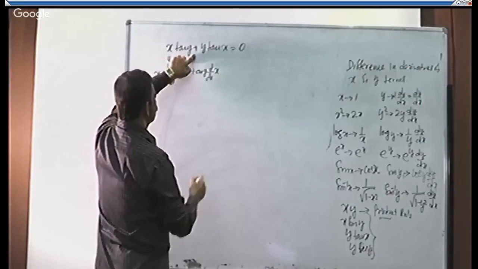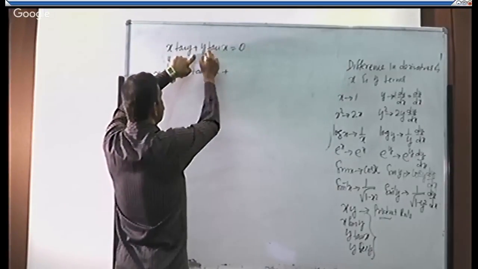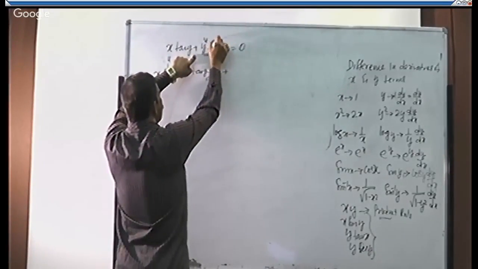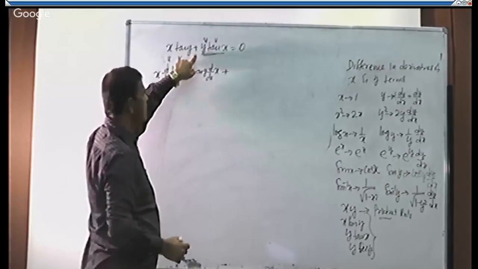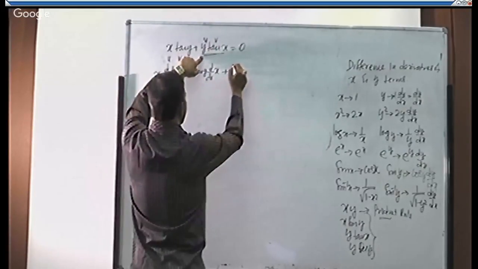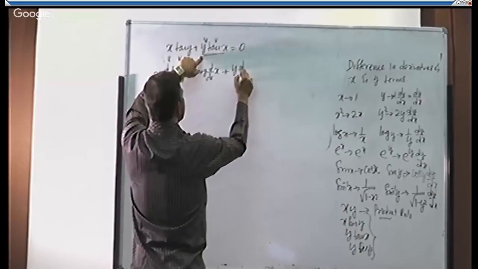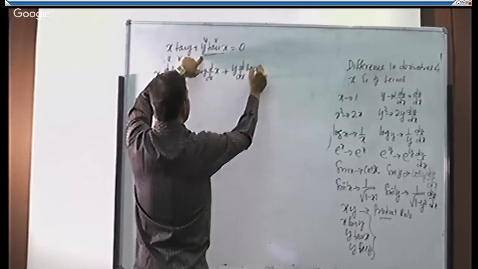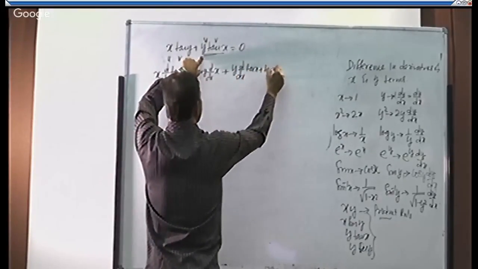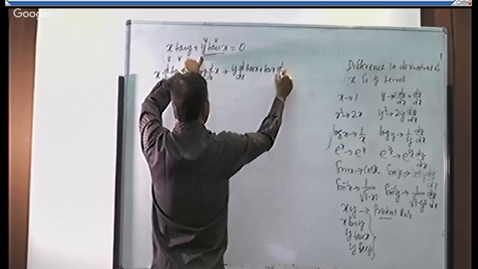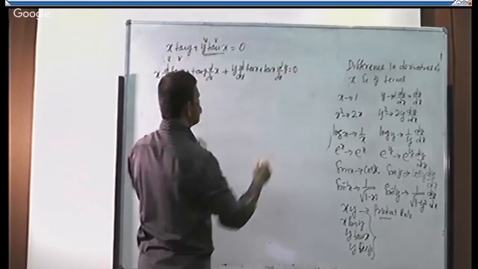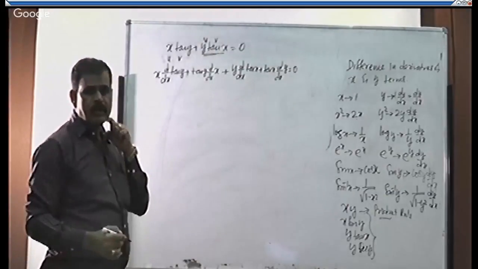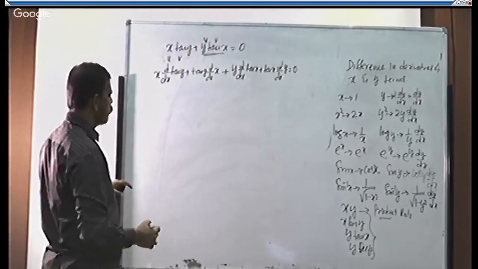X plus for the second term again follow same rule, product rule. Here u is what? Y. Y into dy dx of tan x plus tan x into dy dx of y is equal to 0. Both the terms are taken in product form.